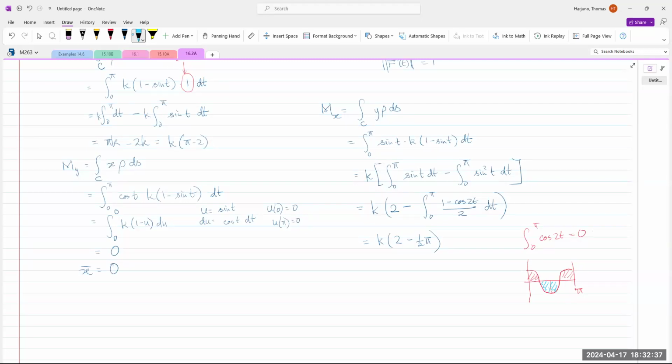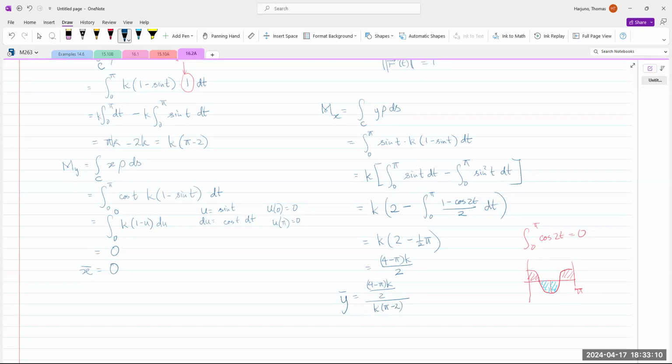Okay, so let me do the common factor. So this is (4 minus pi) k over 2. So the y bar, therefore, is (4 minus pi) times k over 2 divided by k times (pi minus 2).